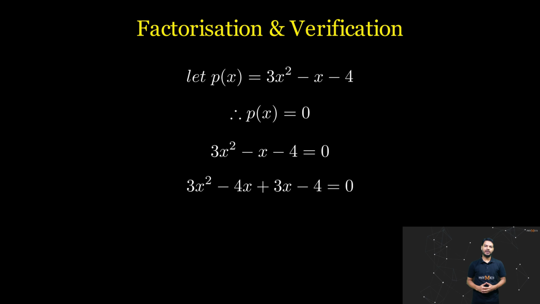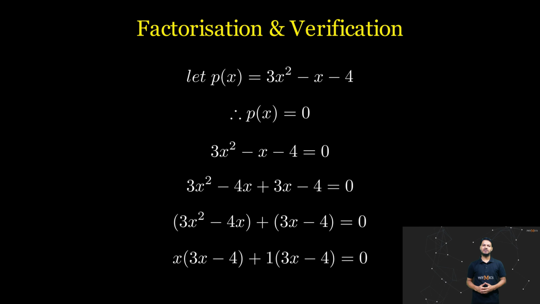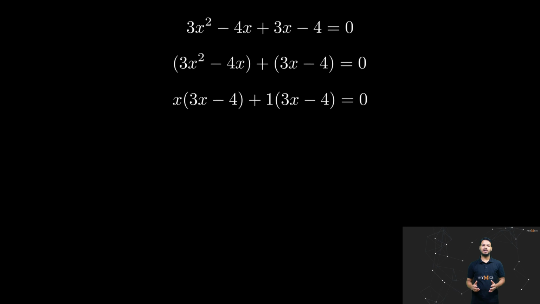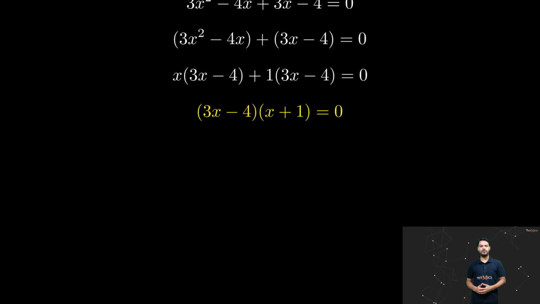Now by grouping method, taking x as common factor from the first group and +1 as a common factor from the second group, we get x(3x - 4) + 1(3x - 4) = 0. Taking 3x - 4 as common factor, we get (3x - 4)(x + 1) = 0. Since anything multiplied by 0 is 0, therefore equating each factor to 0 we get x = 4/3 and x = -1, which are the required zeros.